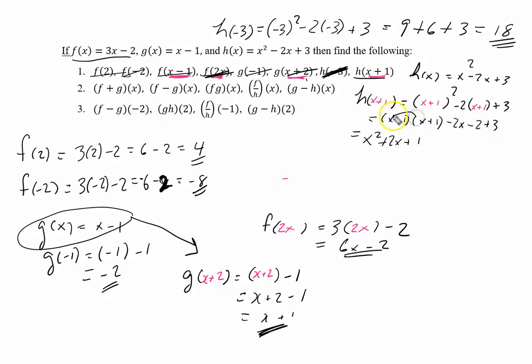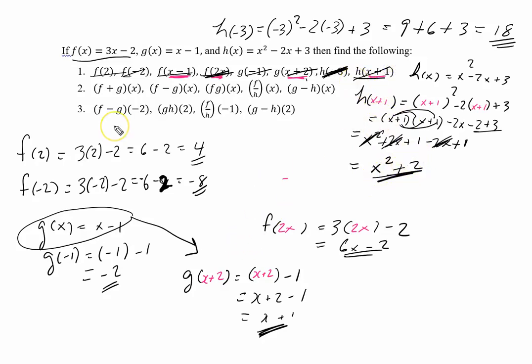So this times this, plus that times that, plus that times that, plus that times that. Get that. Then I have minus 2x. Minus 2 plus 3 is plus 1. And I will get x squared. 2x minus 2x, they cancel. And then I'll have plus 1 is plus 2. So my answer to that one, last one, is x squared plus 2.